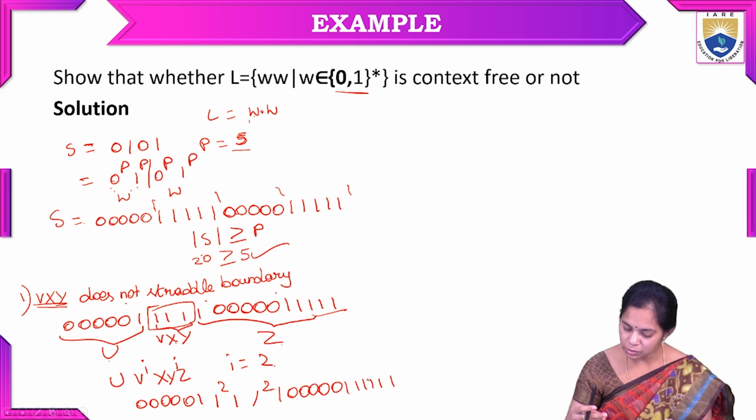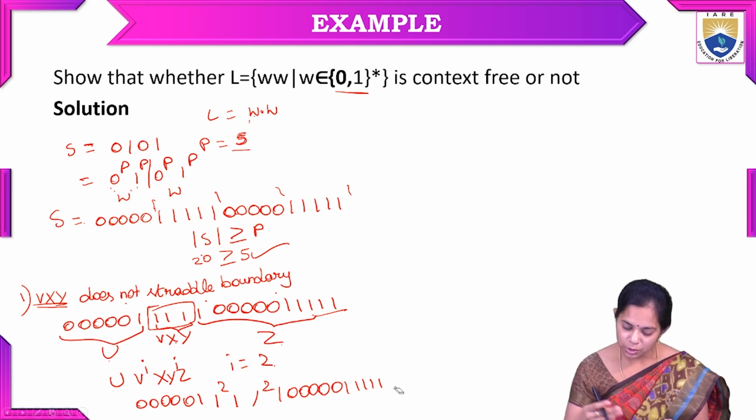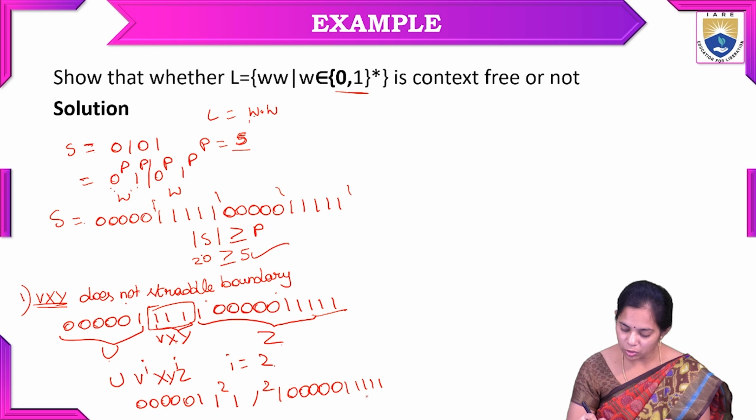So this is 6, but here we need only 5. After this we got the equation: 0 power 5 as it is, and 1 power 7.